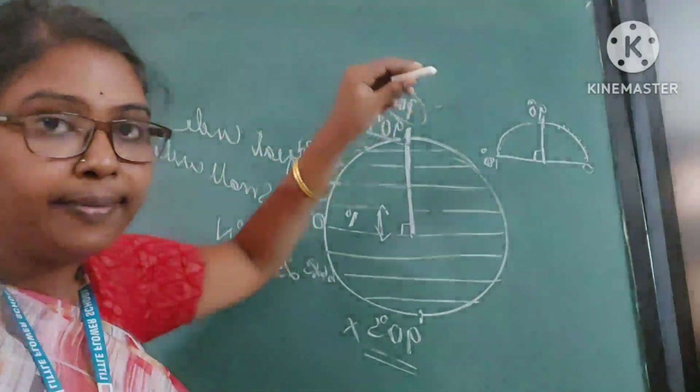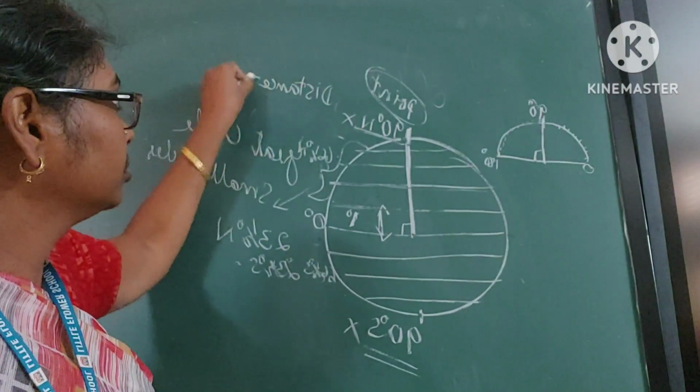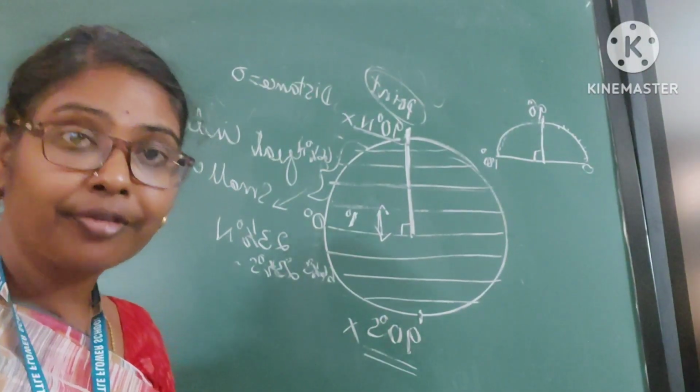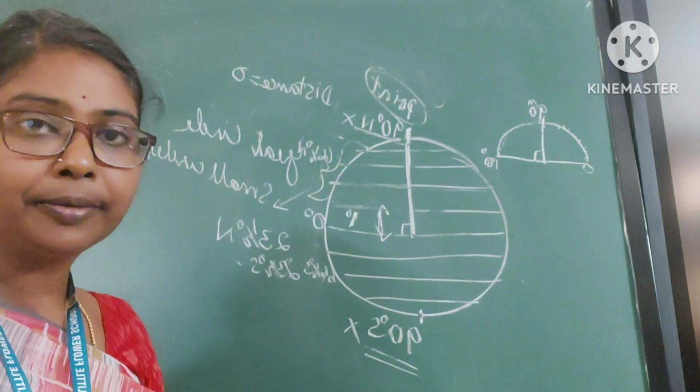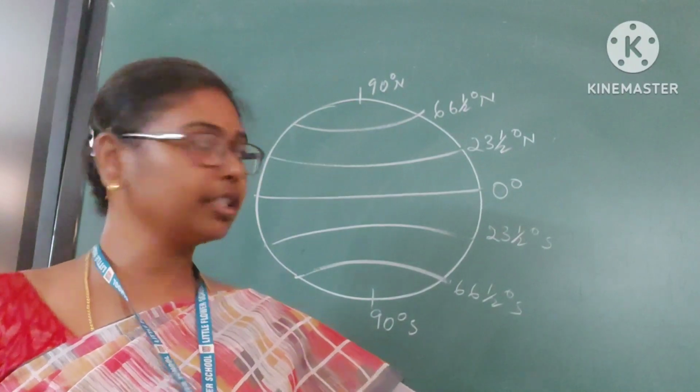These are points. They are not considered to be parallels of latitude. Right? So, these are the 5 main important parallels of latitude.